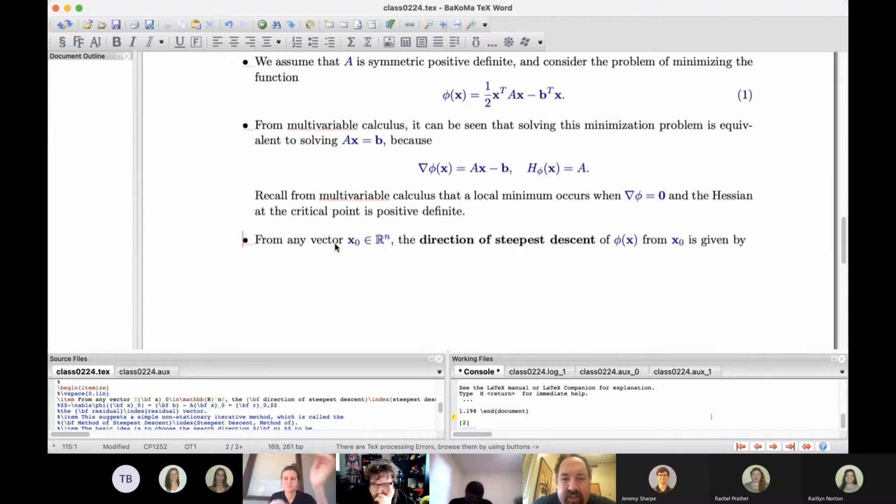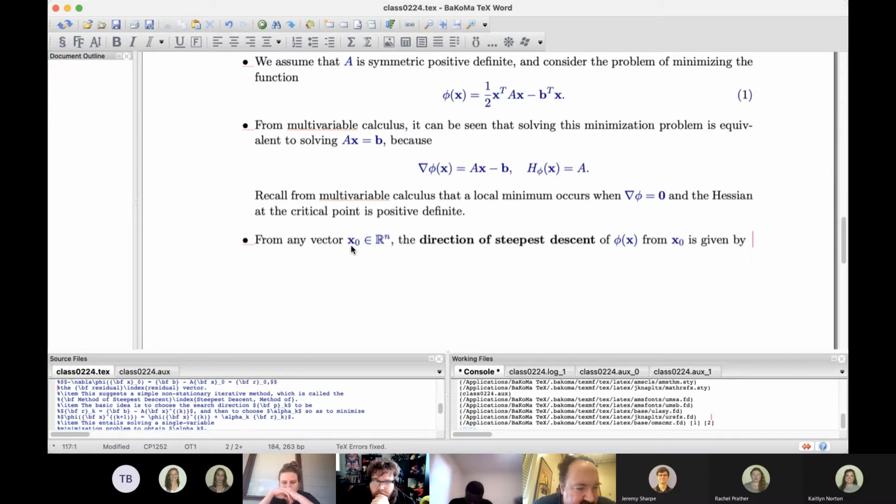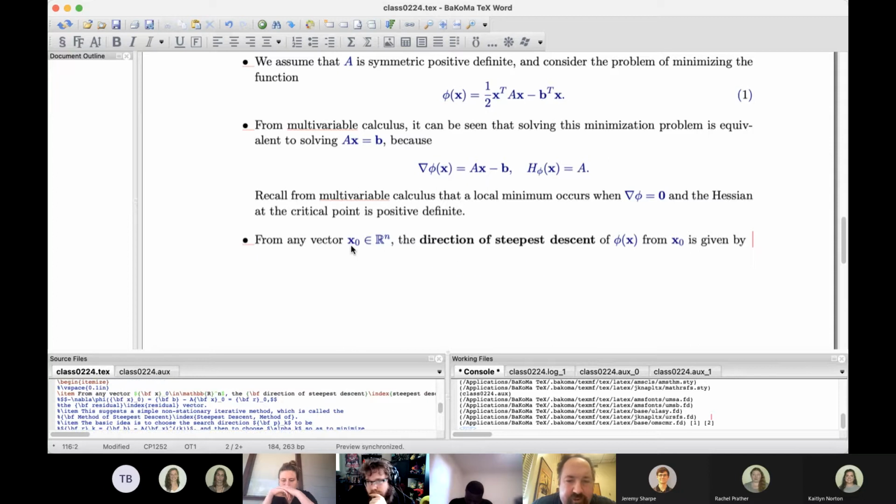So if we have any vector, like an initial guess, then also from multivariable calculus, minus the gradient is called the direction of steepest descent. If you go in this direction, that will make the value of phi smaller as rapidly as possible.